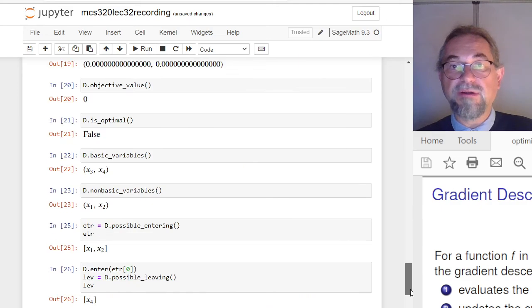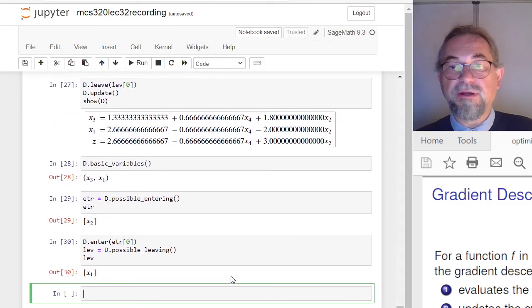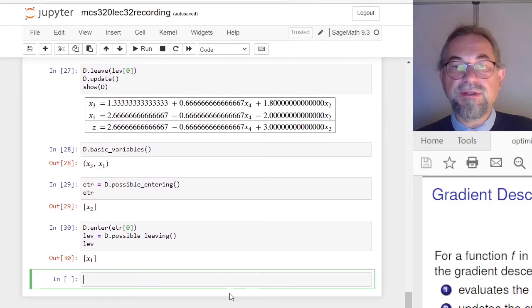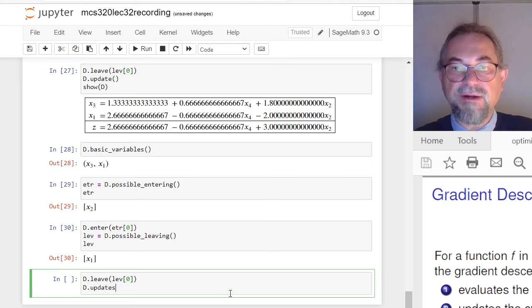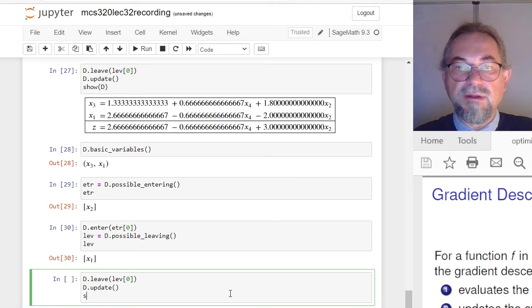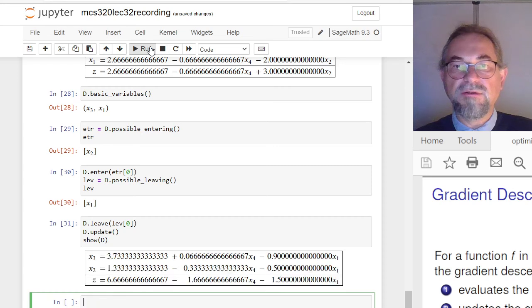So it's kind of unsurprising, but let me do the final steps. I will update the dictionary with the variable that leaves, and that will give me the optimal solution.